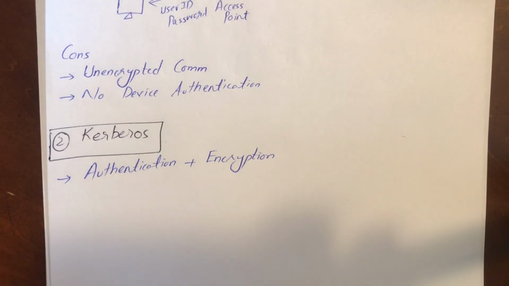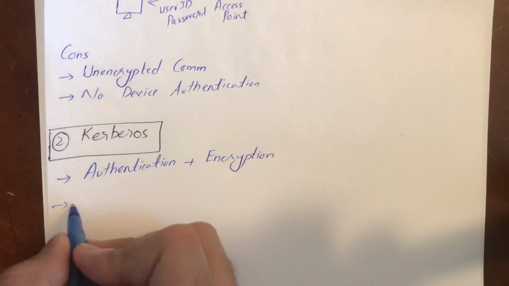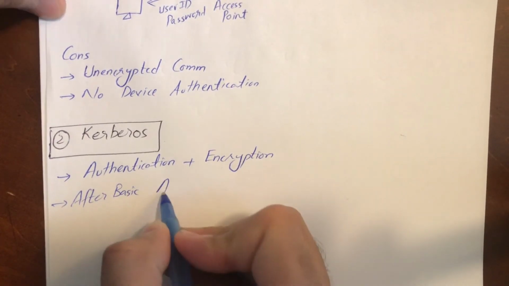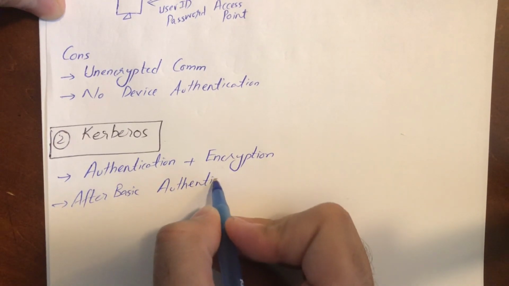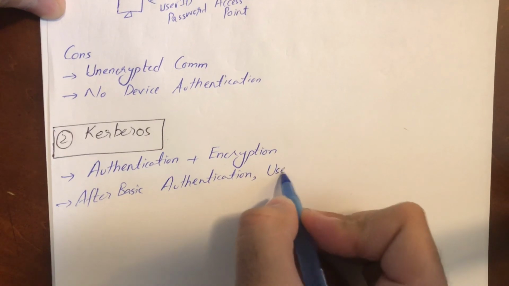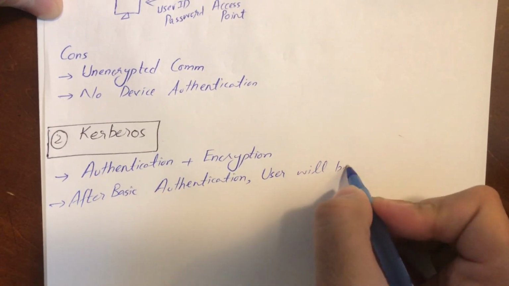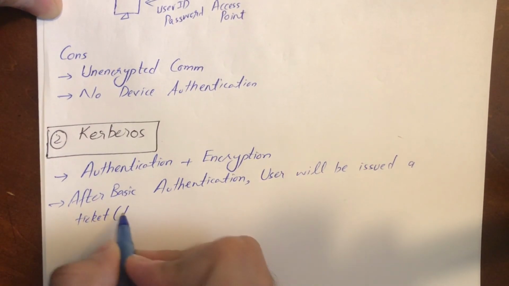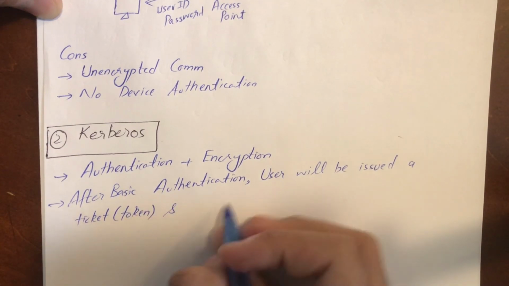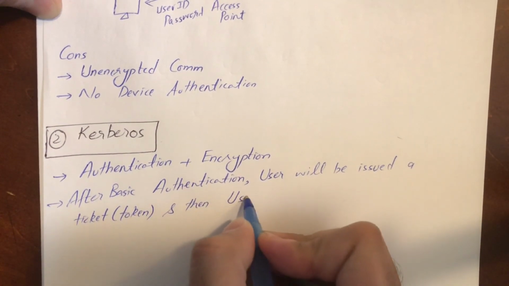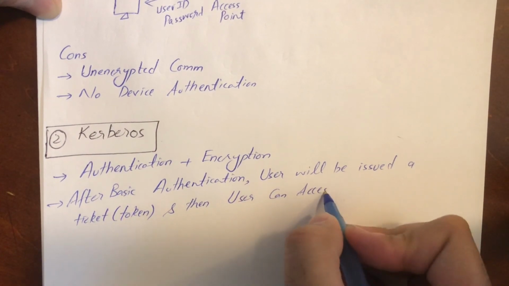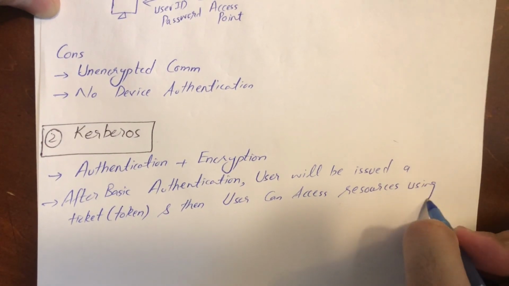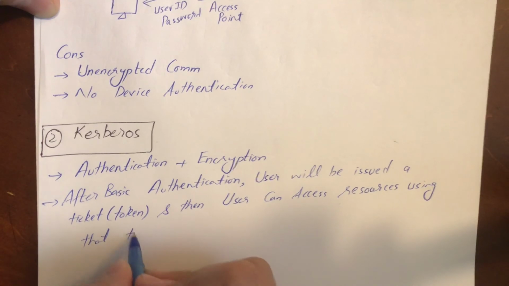After basic authentication, what's going to happen? The user will be issued a ticket. We can call it a token. And then the user can access resources using that ticket.